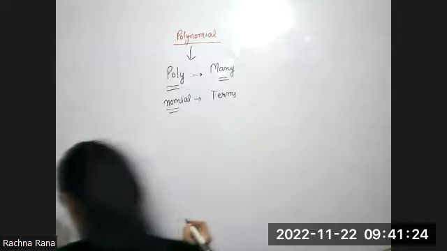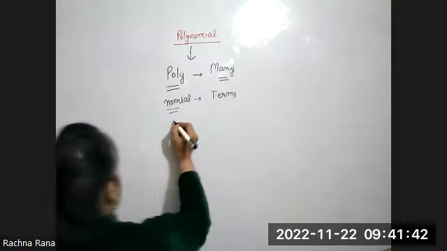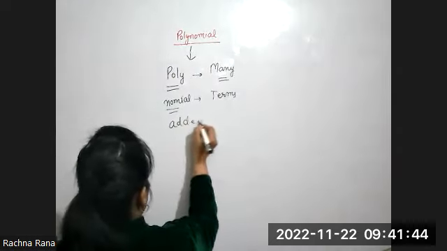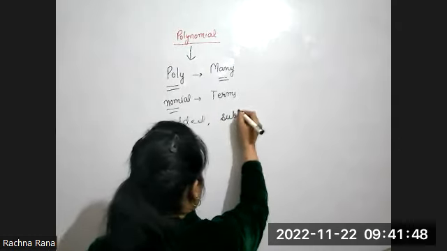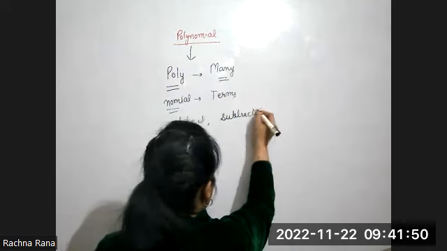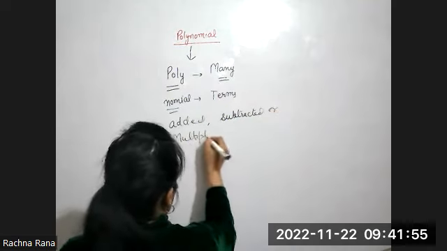That means we can say it means many terms. A polynomial is made up of terms that are only added, subtracted, or multiplied.